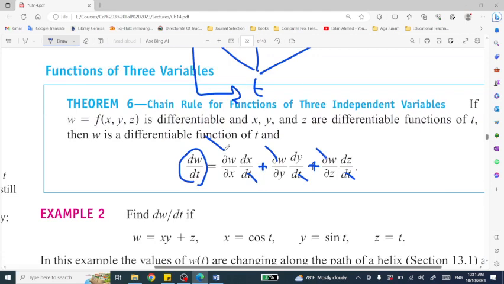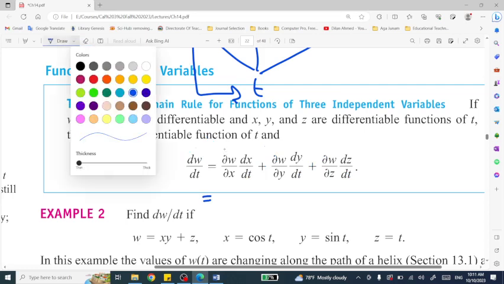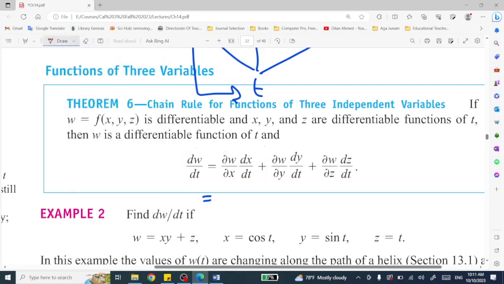Okay. Can you answer this example for me? Yalla, together. First, let's get the answer directly. dw by dt is equal to, partial w by x is y only.